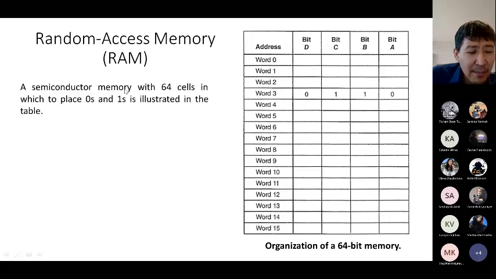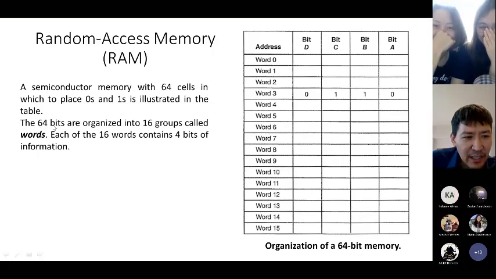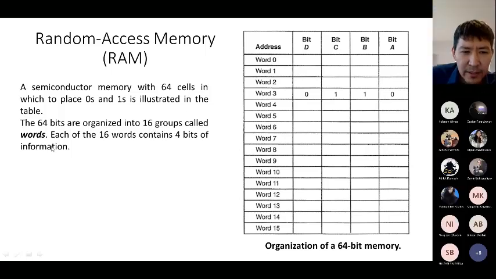So in this example, this is a semiconductor memory with 64 cells in which to place zeros and ones. It's illustrated here in this table. If you count, these 64 bits are organized into 16 groups. We call these groups words.